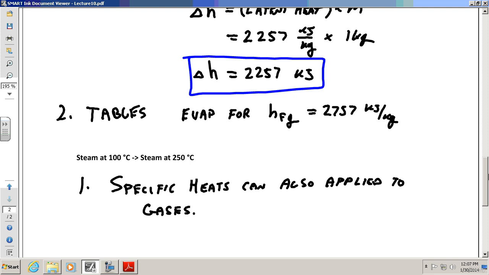But we have to make it a little bit more complicated, don't we? We do, because with gases comes the possibility of compressibility. Gases can compress, they can expand, where liquids and solids don't do that so easily.